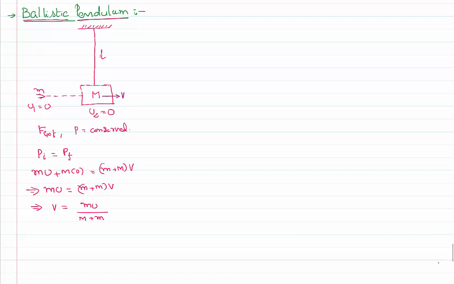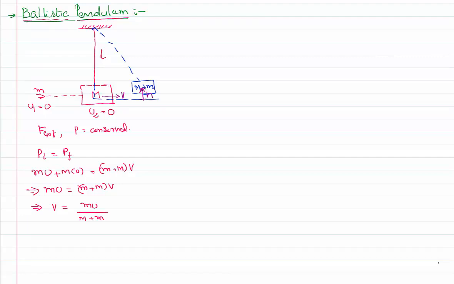Now, as this point is fixed, the entire system slightly gets deviated from its main position. Let the system have moved to a new position. Both of them together have moved to a new position. So, when compared with the initial position, it has risen to a height h and stopped.